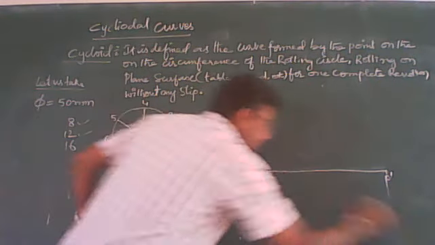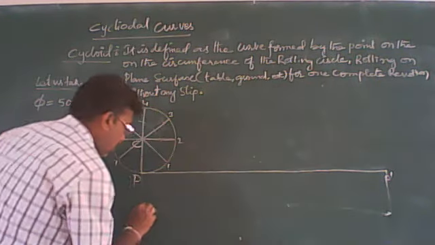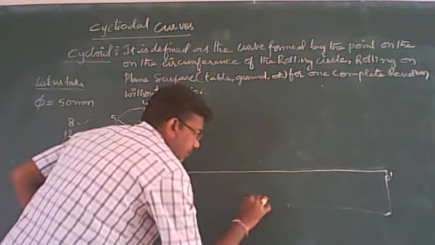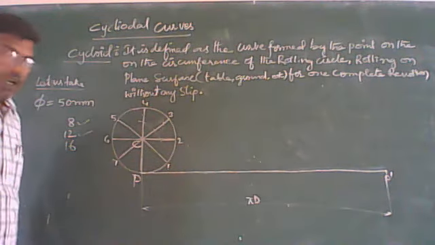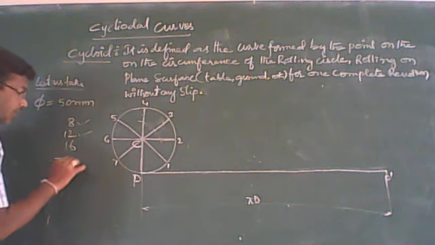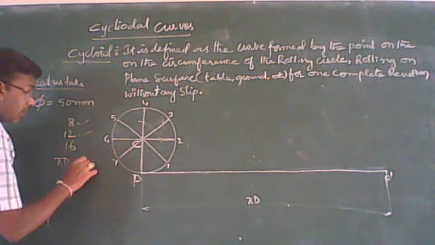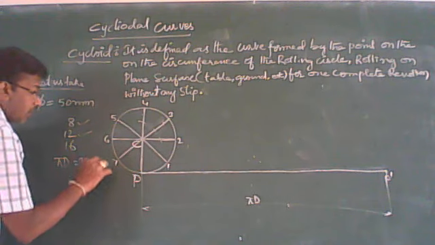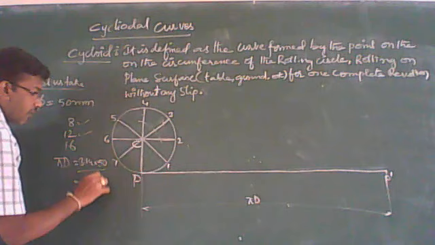The length should be pi d. So what is the value of pi d? Simply calculate pi into d, that is equal to 3.14 into 50. So you will get some value in terms of mm.